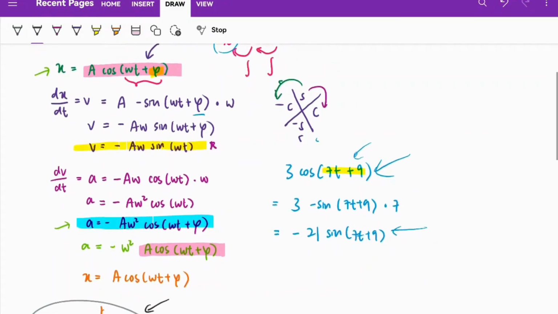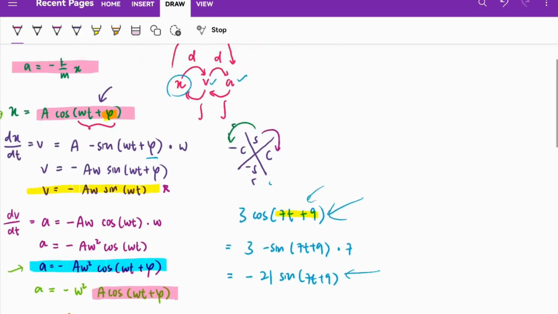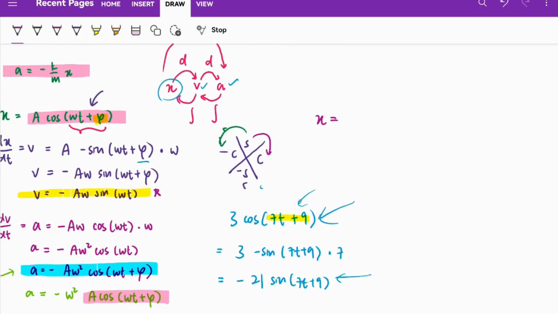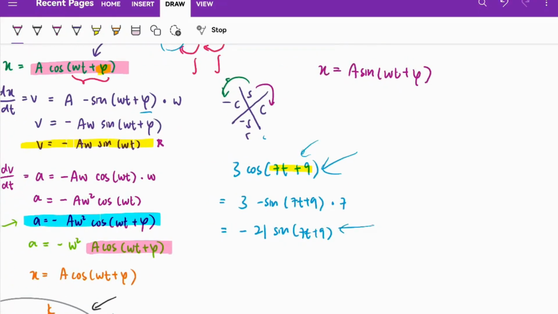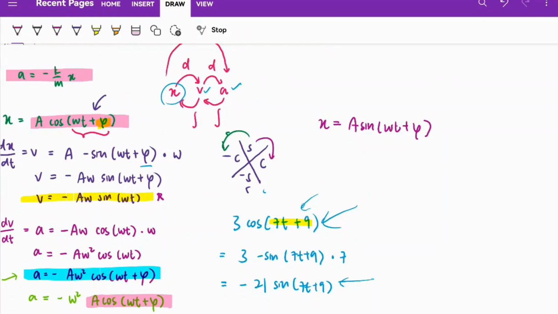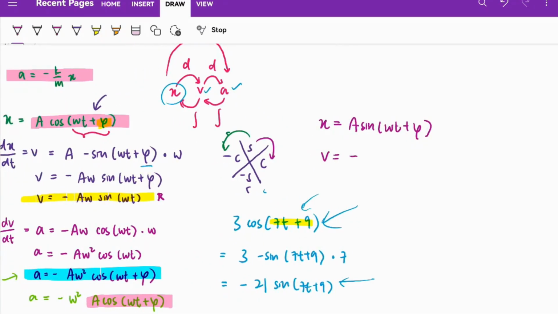Now you might be thinking, how about sine? Sine works the exact same way. It's just that now x equals a sine omega t plus phi, or with no phi, it's the same thing. If you want to get velocity, you differentiate sine, you get cos. There's no negative: differentiating sine is just cos.